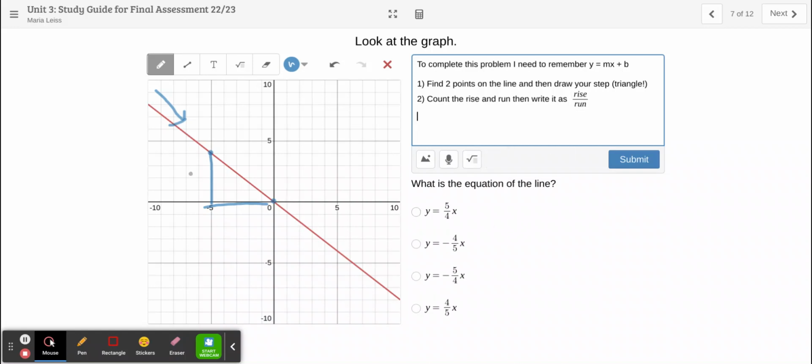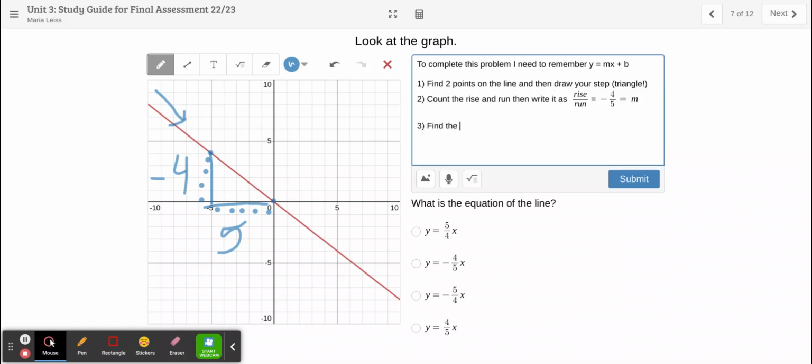All right. So my rise, 1, 2, 3, 4. My rise is 4, but because I went down, it's a negative 4. My run, 1, 2, 3, 4, 5. So my run is 5. So now to write that, my rise is negative 4. My run is 5. So that means that is my m.